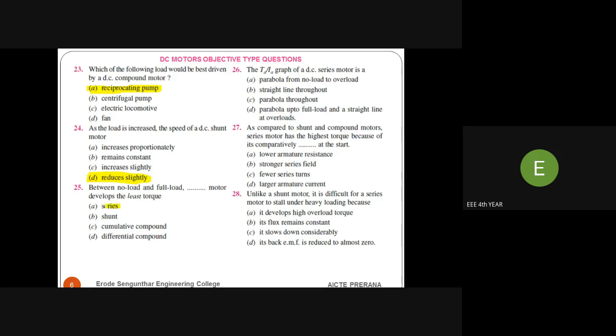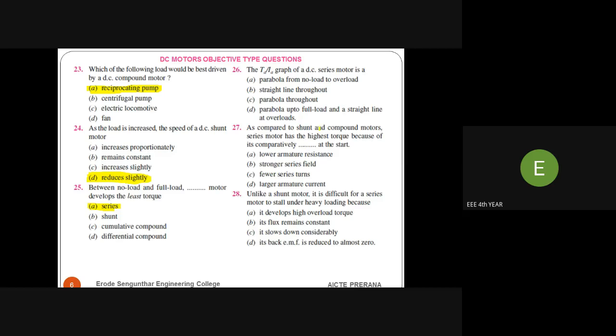Option A, series motor, is the correct answer. From no load to full load, the percentage of torque developed in the motor is very small. Least torque is developed, and only at the time of starting does it produce the highest turning.